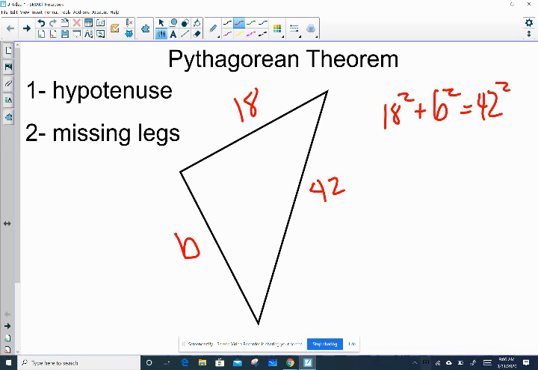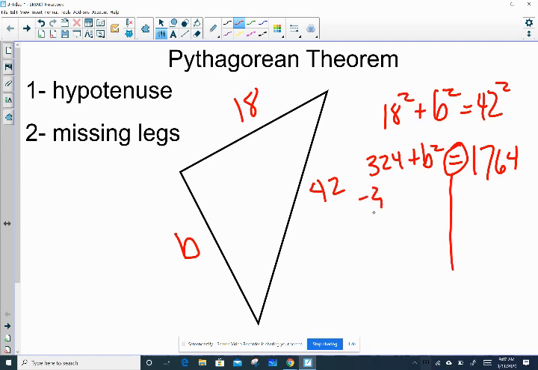Sorry, had to get my calculator. I tell you guys to make sure you have a calculator at hand when you're doing it, and I didn't even have mine. Okay, so plugging it into my calculator, I see 18 squared is 324. We'll leave b squared where it is, and now we'll say 42 squared is 1764. Okay, so now we'll solve the equation.